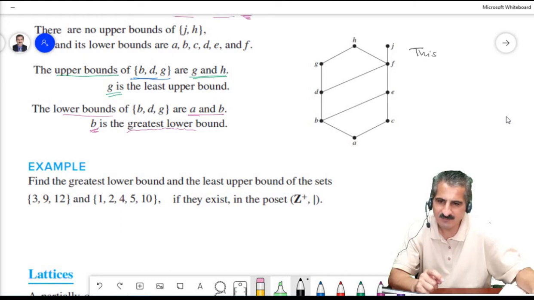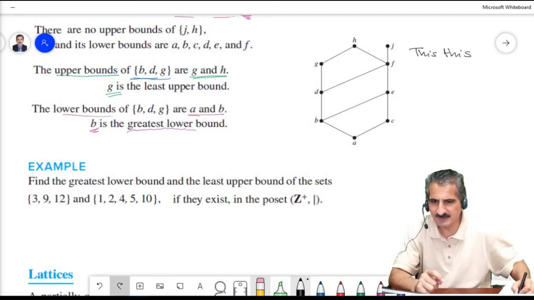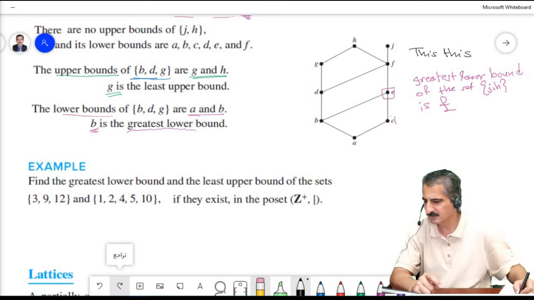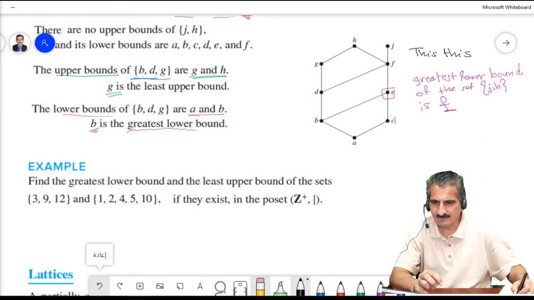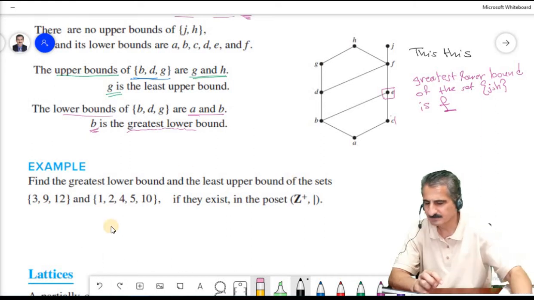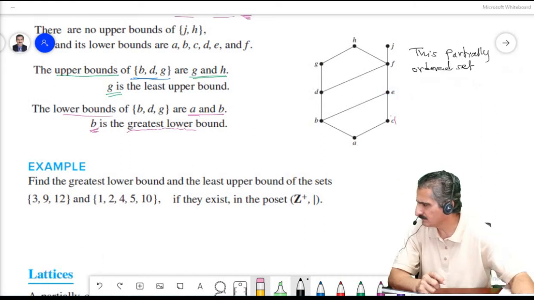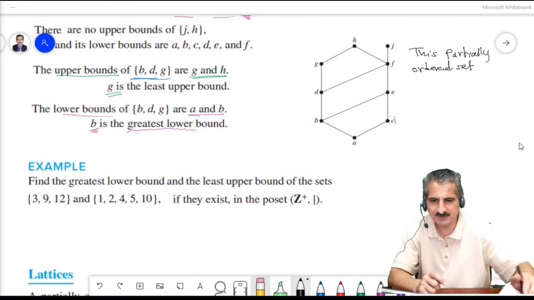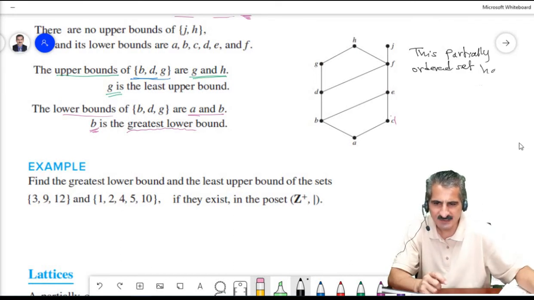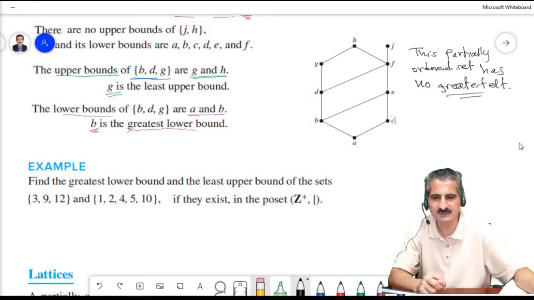So I'm talking now about the whole set, this partially ordered set. So this partially ordered set has no greatest element.